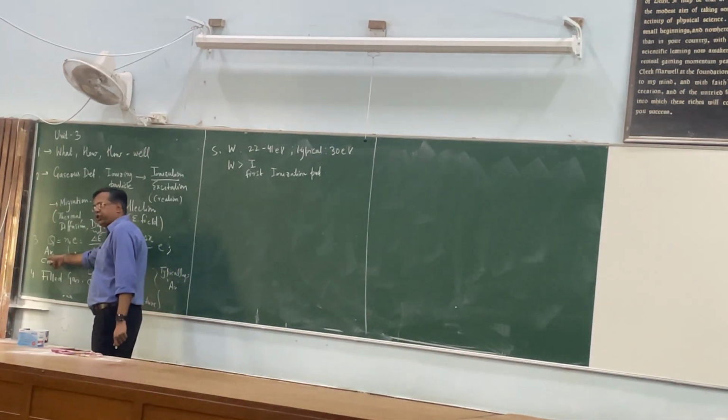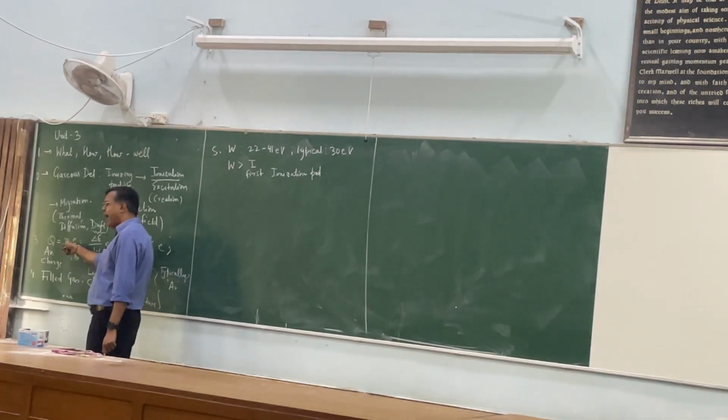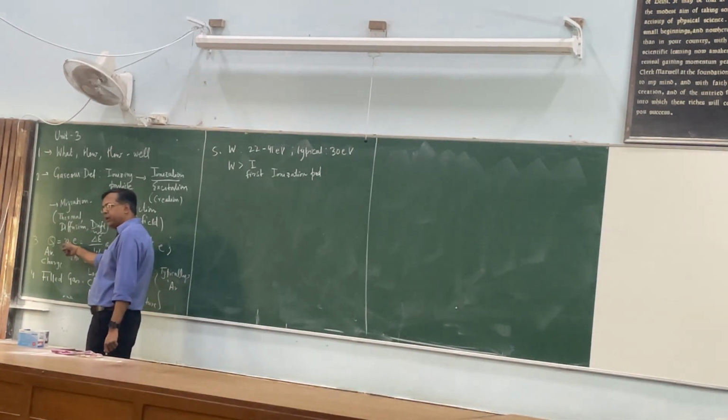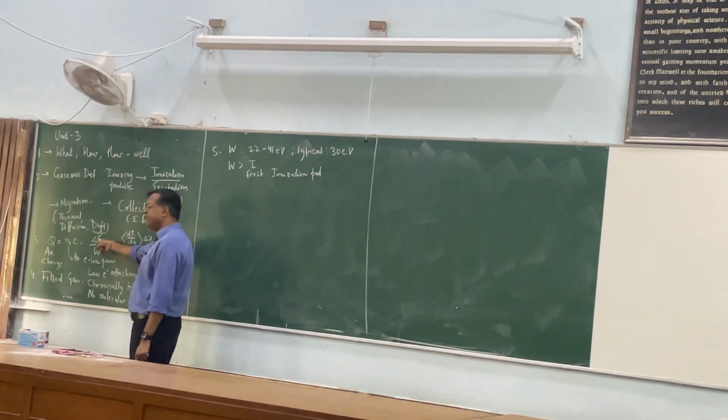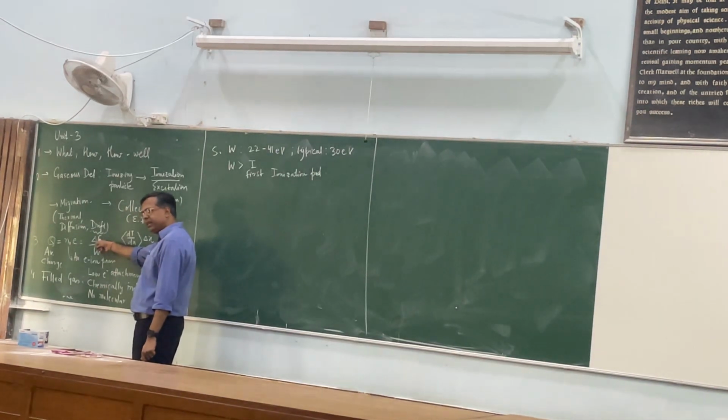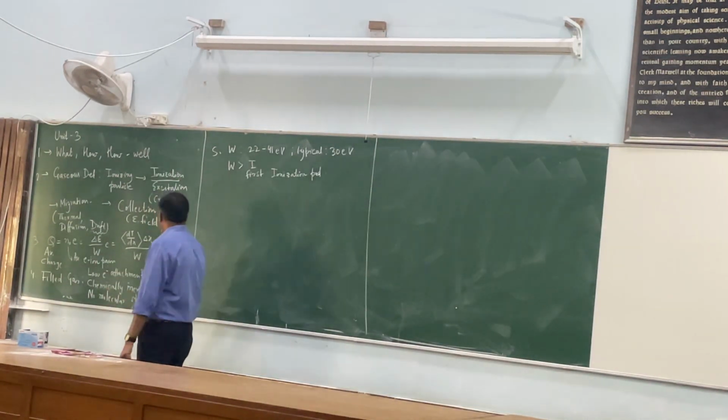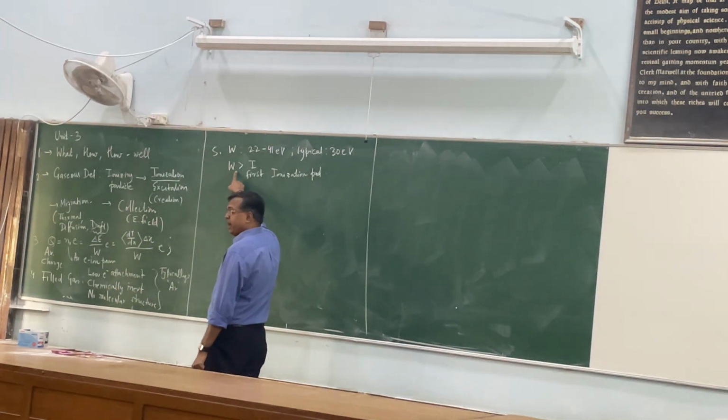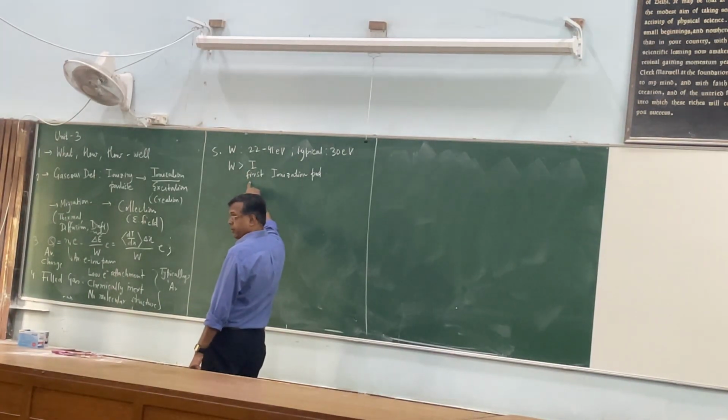Average charge creation is related with the average number of electron ion pairs, which is related with the energy deposited in the detector divided by the average energy required to create an electron hole pair. Average energy required to create an electron hole pair is greater than the first ionization potential. Yeah?